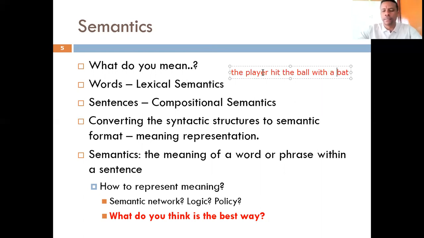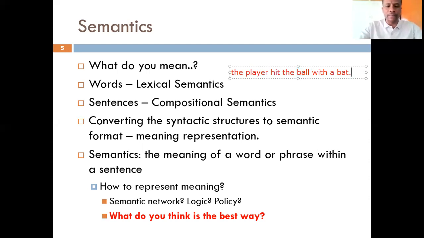What if this is the sentence that you have? Then you're sure that we are referring to the sports device, the stick that we use in a game. So in this case, it is important to disambiguate. The word bat has a meaning because of the other words, like player, hit, ball. You can actually say that we are referring to this.